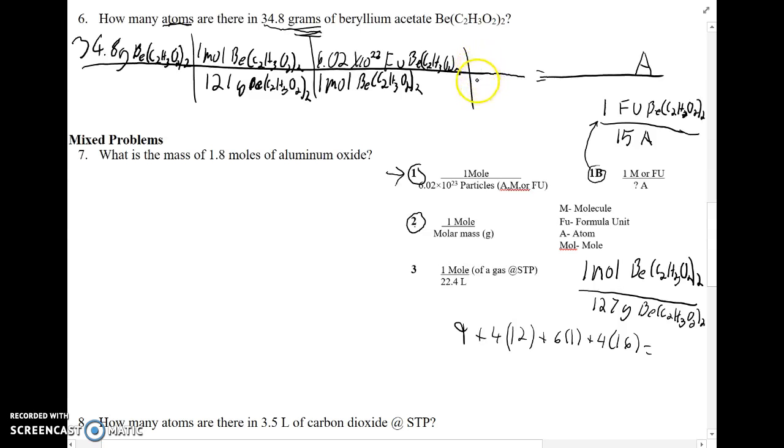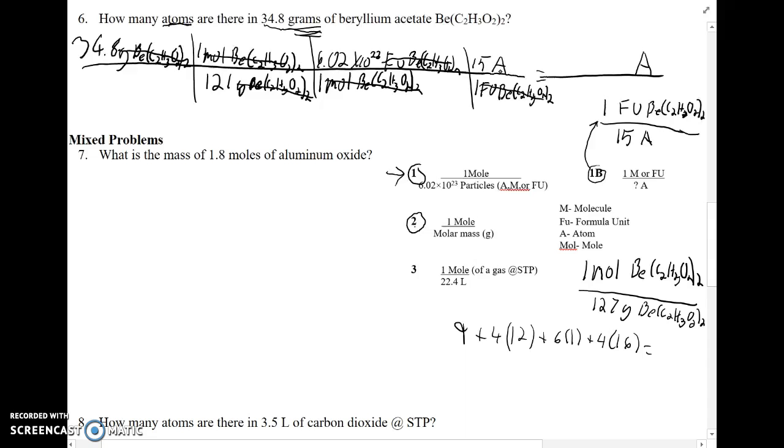In 1 formula unit of beryllium acetate, there are 15 atoms. And now I can check and make sure all my units cancel out. Grams cancel out with grams. Moles cancel out with moles. Formula units cancel out with formula units. And I'm left in atoms, which is the unit that I want to be in.